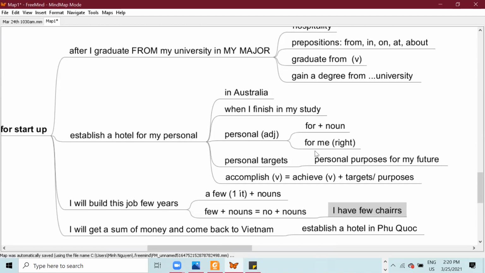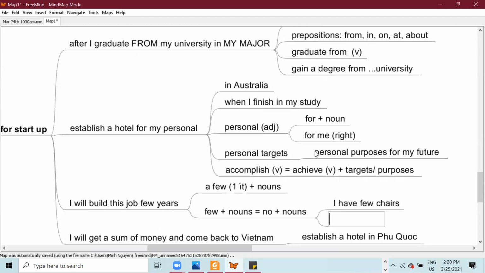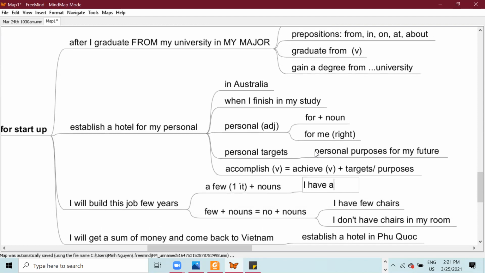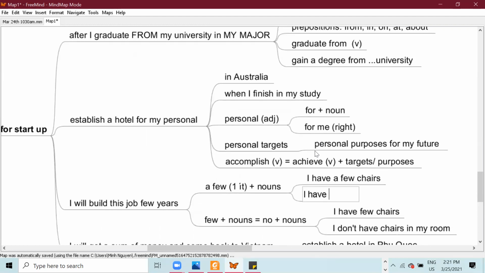It means that I don't have many chairs in my room. Or I can say I have a few chairs. When you say I have a few chairs, I completely understand I have like two or three chairs in the room.